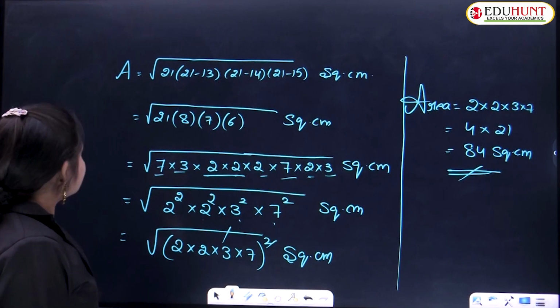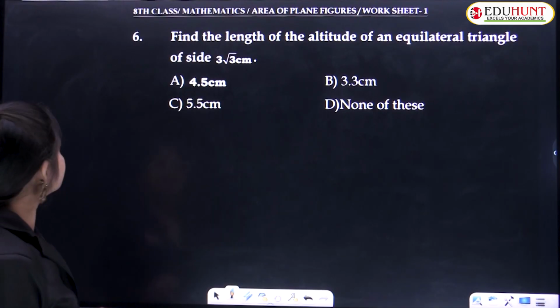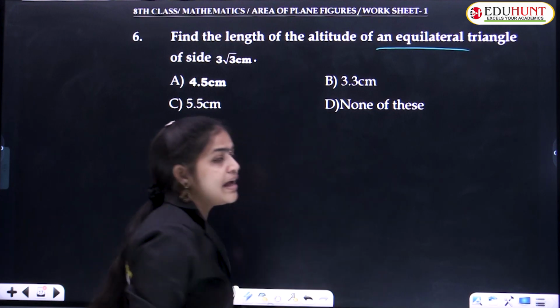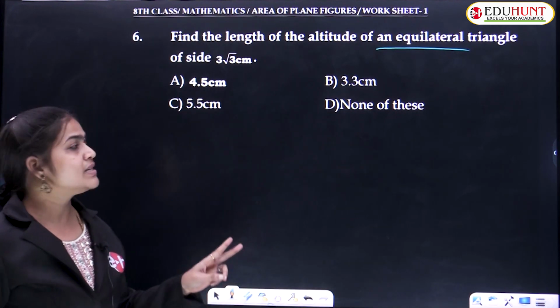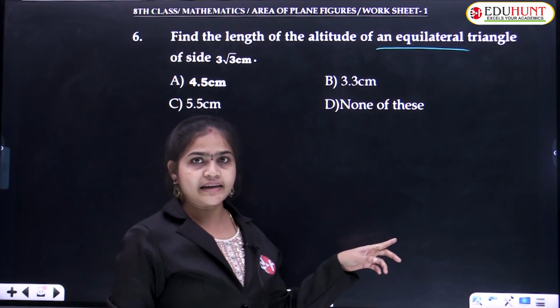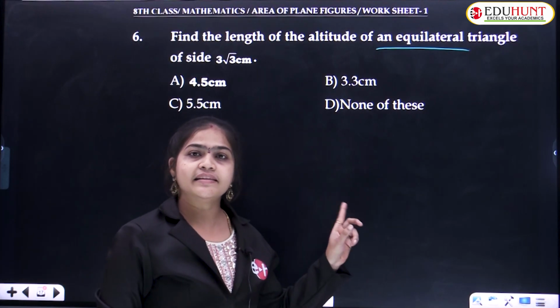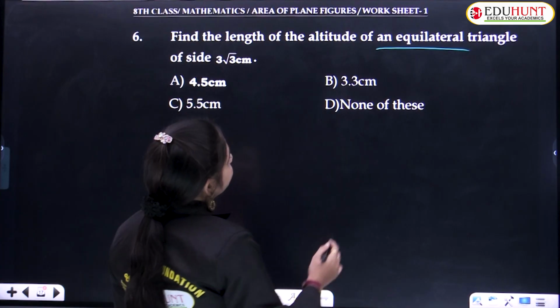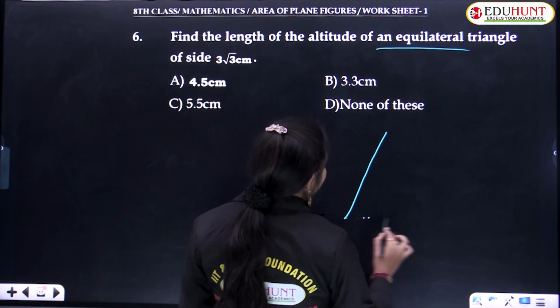Next, the sixth question. What is the sixth one? Find the length of the altitude of an equilateral triangle. Actually, for an equilateral triangle we have two formulas, one for the area and in the same way one for the height.